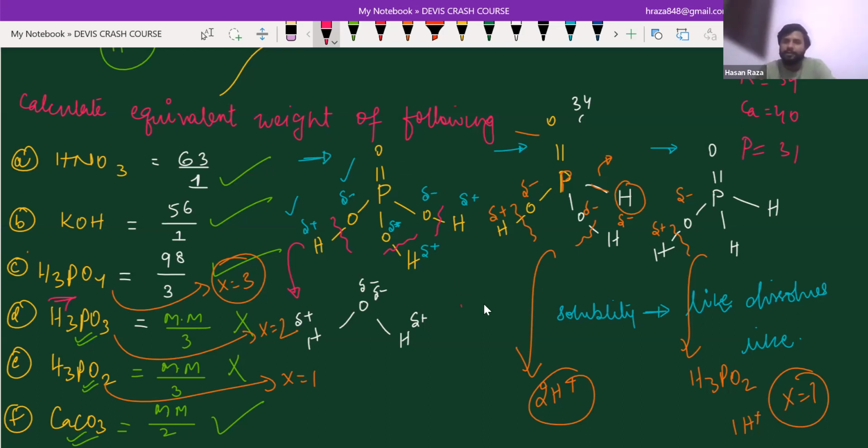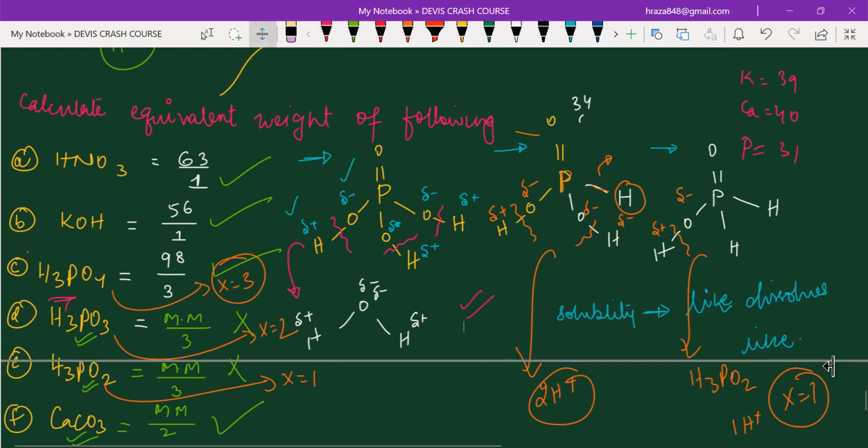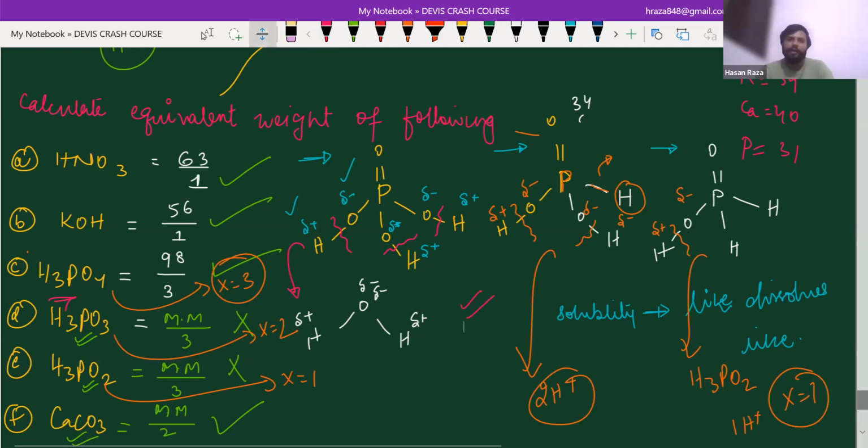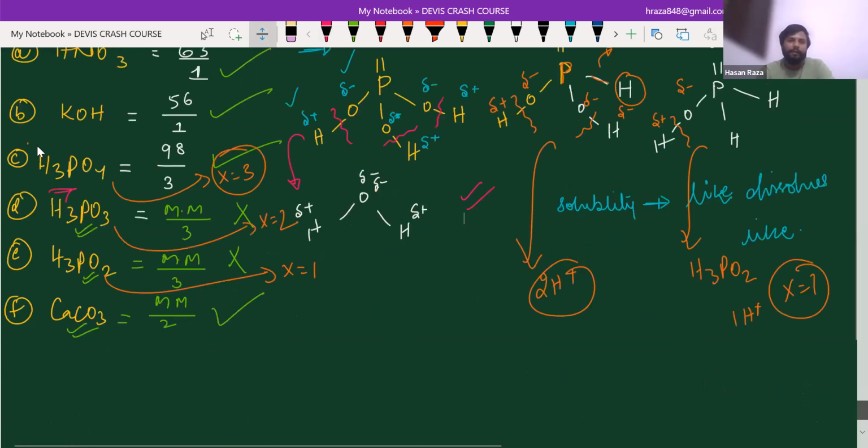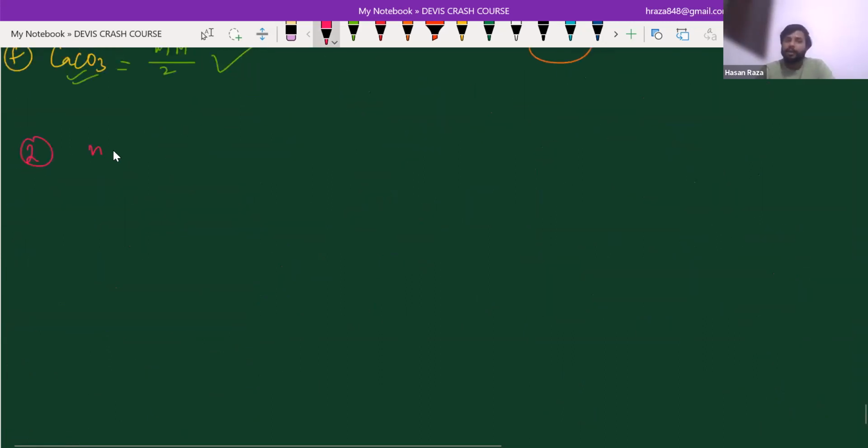Are you done with this? Yeah, done. This is about equivalent weight, and then the next topic comes, that is number of gram equivalent, just like number of moles. Number of gram equivalent has a formula: given mass upon, it is not molar mass, it is equivalent mass.